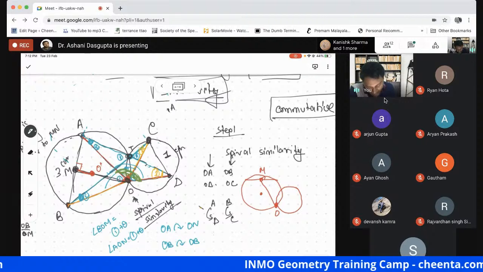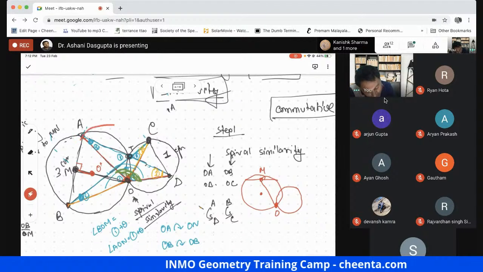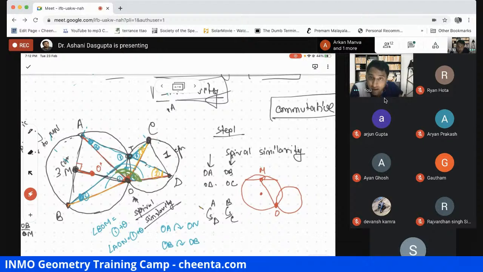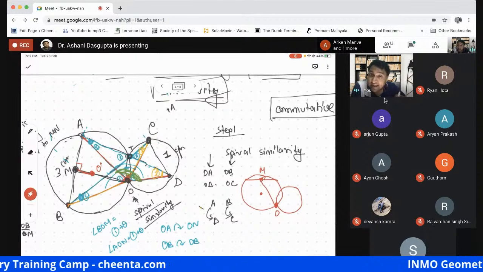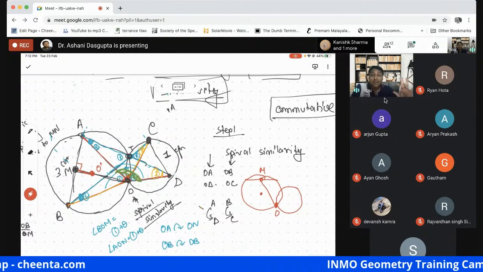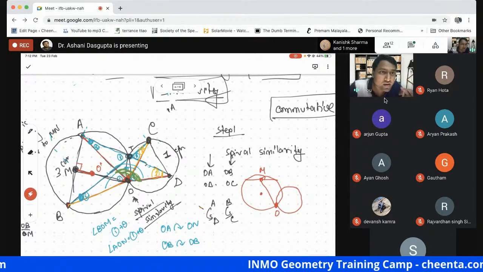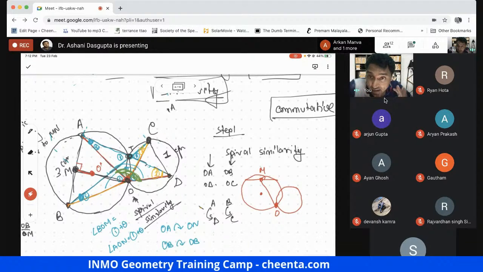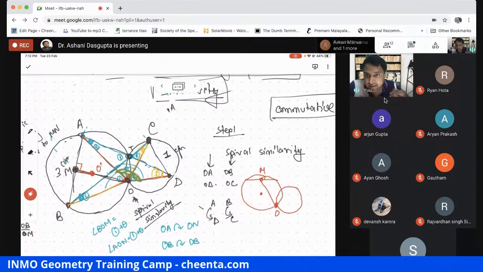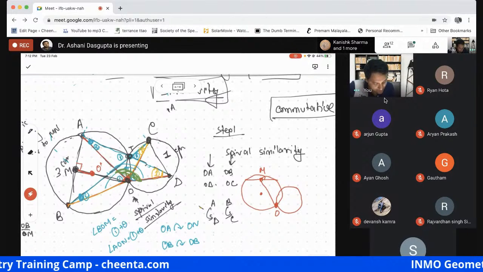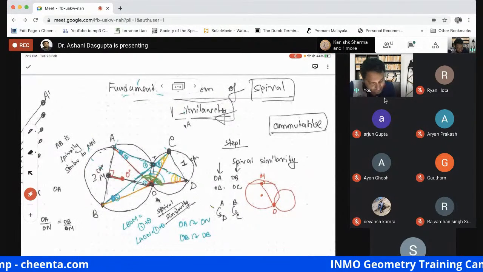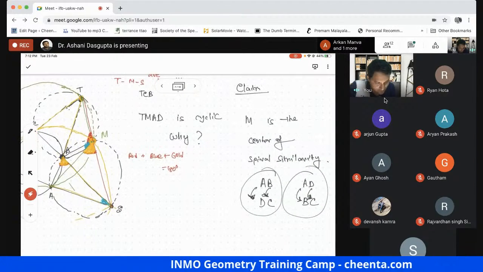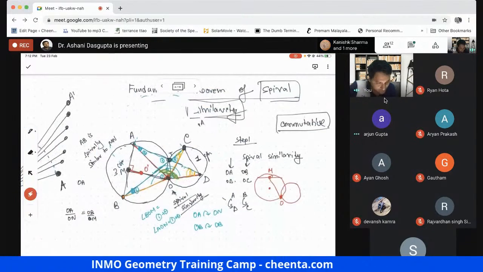That's what's going on. But there is another way you can think of it, another type of spiral similarity that is also happening here. What were the letters here? A goes to D, B goes to C, exactly the same thing is happening here.